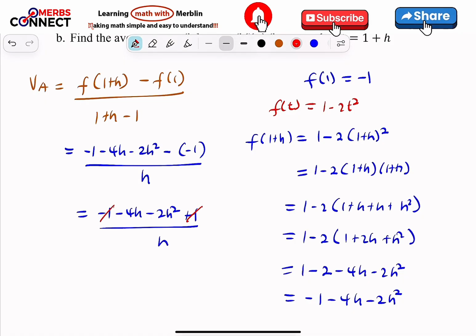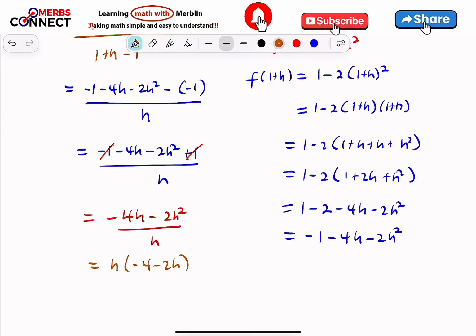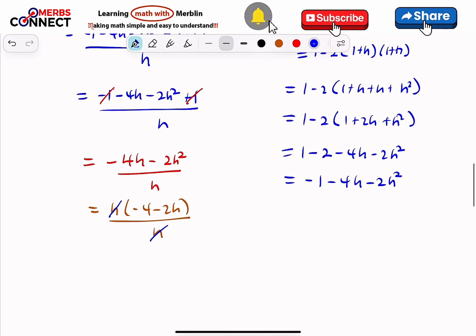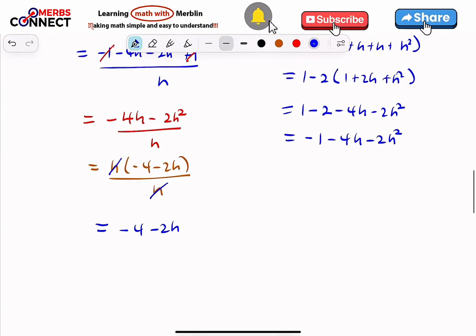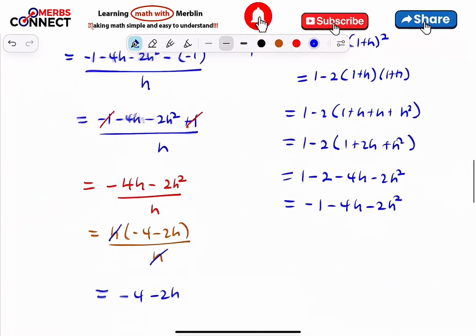So this will take this. We are going to have minus 4h minus 2h squared divided by h. So we can factor h out because h is common. So we are going to have h times (minus 4 minus 2h) divided by h. Then I can cancel h out, and I'm going to have the average rate of change to be minus 4 minus 2h. So this is what I'm going to get for question B, step by step, right?